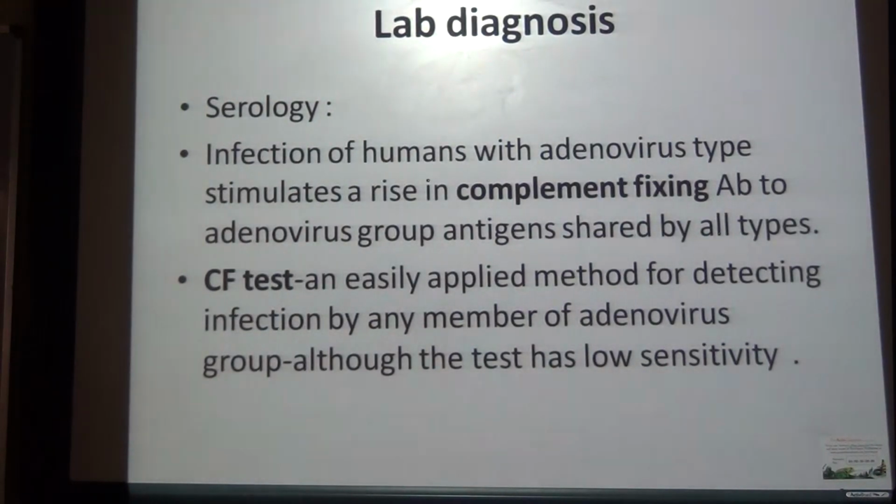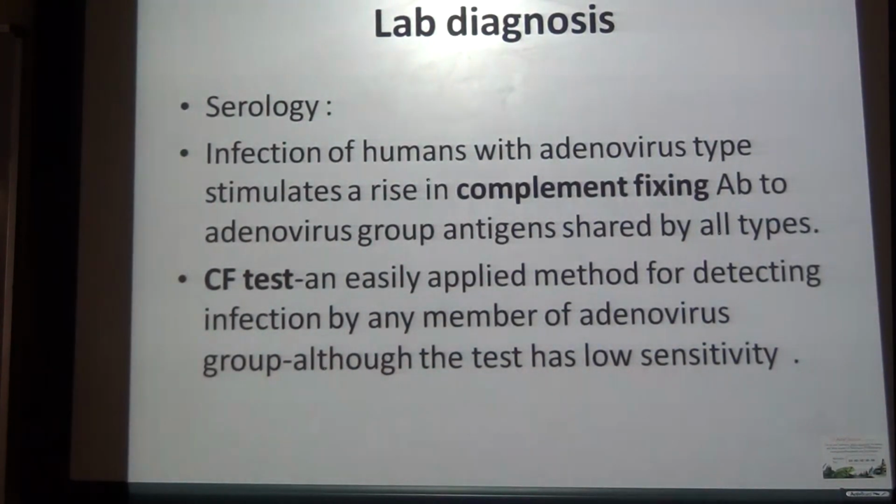In the routine lab, what we do is that serology is done. And in case of adenoviruses, the complement fixation test is a method of serological test which is important. In this case, infection of humans with adenovirus stimulates a rise in complement fixing antibodies to adenovirus groups shared by all types.